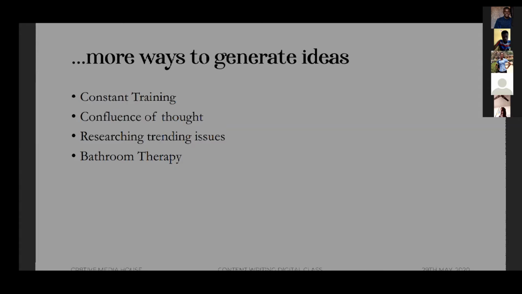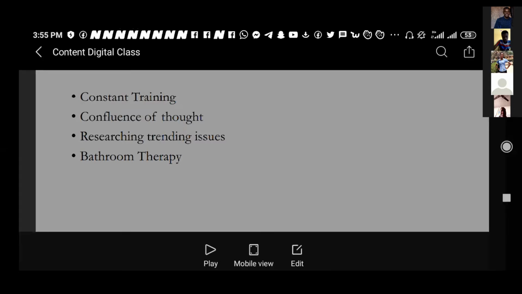Actually, not limited to bathrooms though, but the place, your most relaxed mood, where you're just there, nothing's happening, and then an idea just pops up to your mind. That place, that position you are at that point in time is also a very good way for you to generate ideas.